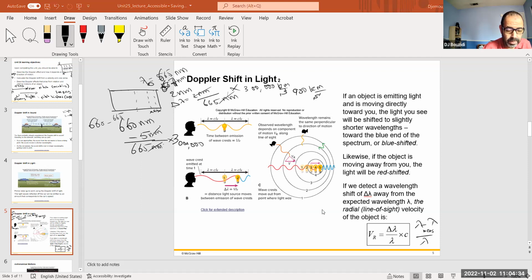So again, we're gonna divide 5 by that number. Okay, let me do the math in here correctly. So I have 5 over 665, which is 0.007, times 300,000.